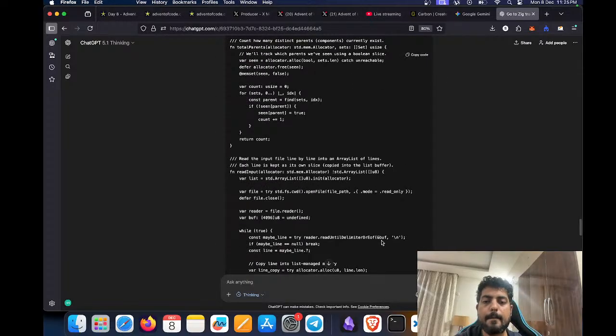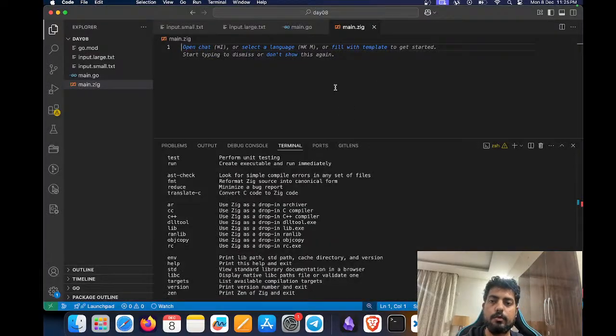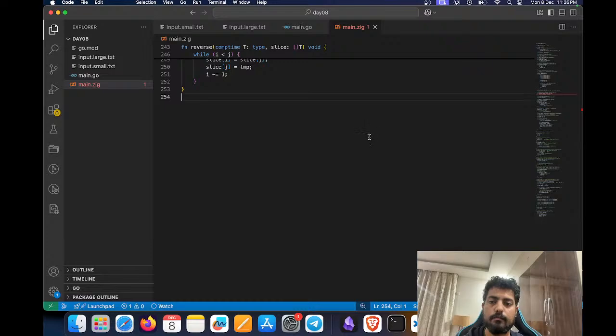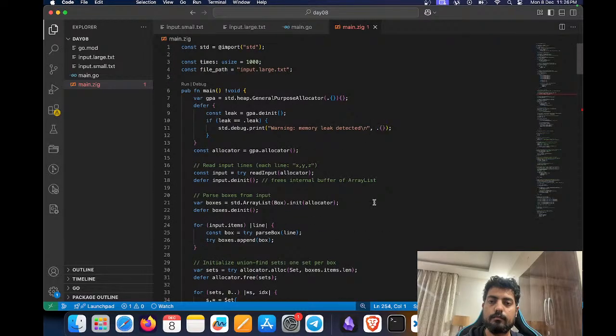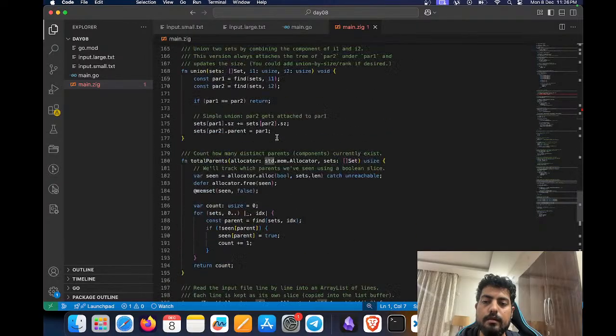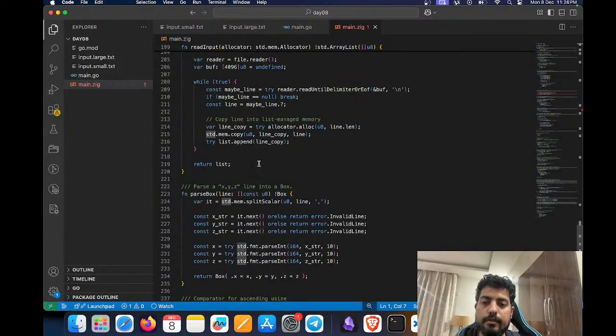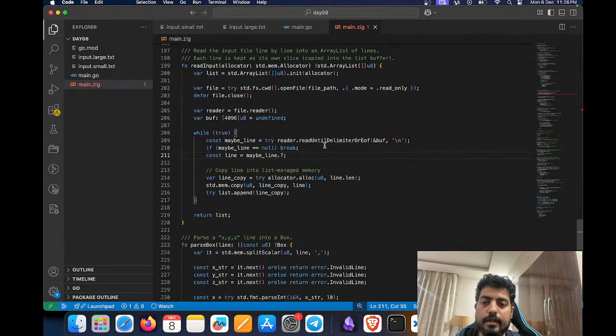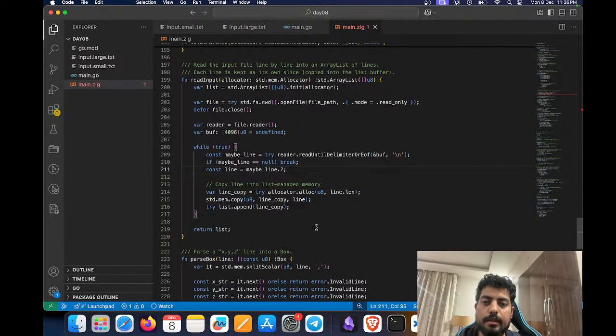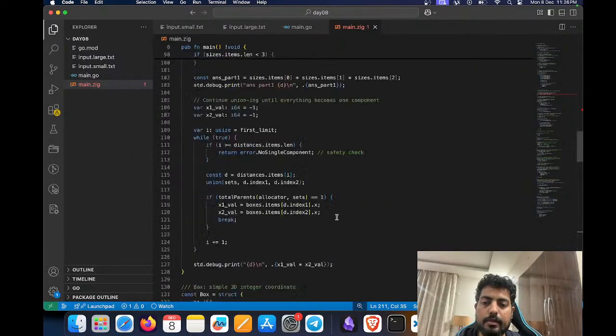Just copy this code here. So at import the standard library, we are importing the standard library, and then we are using these at functions and mem copy and everything, which is dynamic memory allocation, etc.